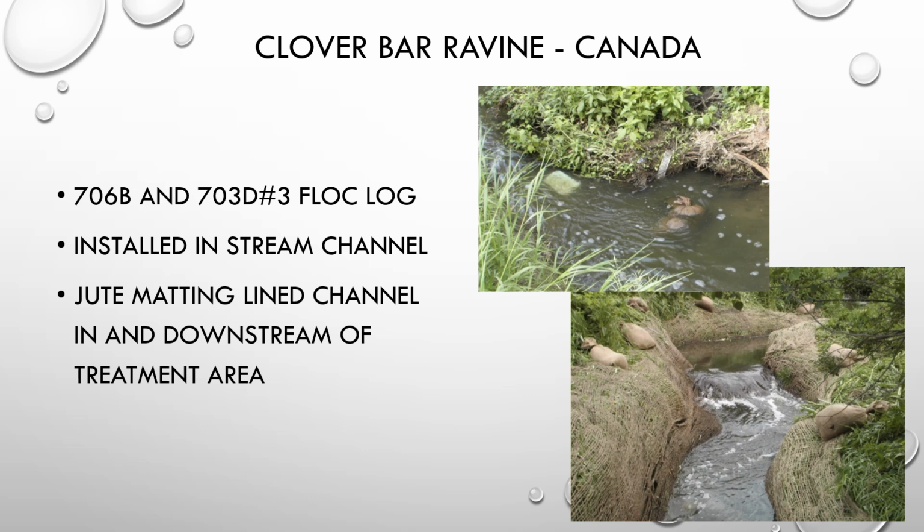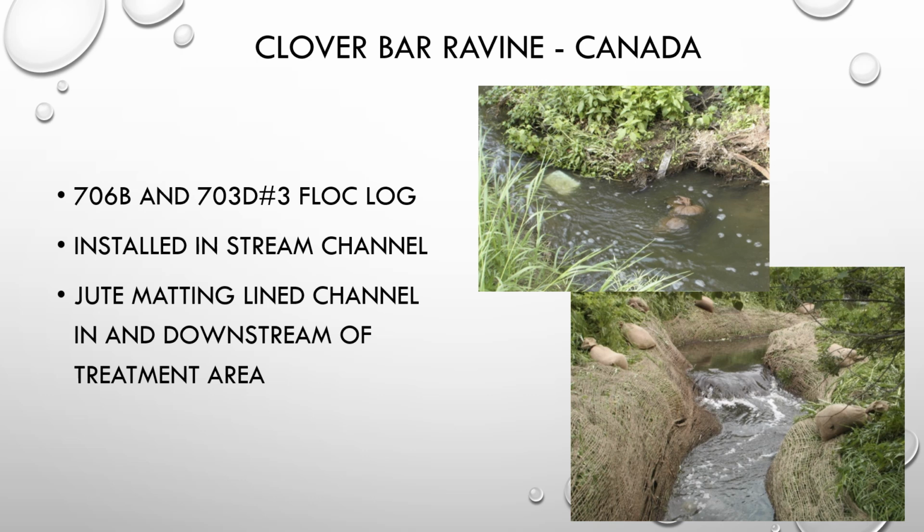We tested this sample ahead of time, and we determined that the 706B and 703D number 3 floc logs were most effective for removing TSS as well as a wide range of metals in this specific sample. We installed these directly in the stream channel. You can see in the bottom picture, since this was a live stream channel and wasn't entering a sediment basin, there wasn't a really great area to settle those flocculated particulates.